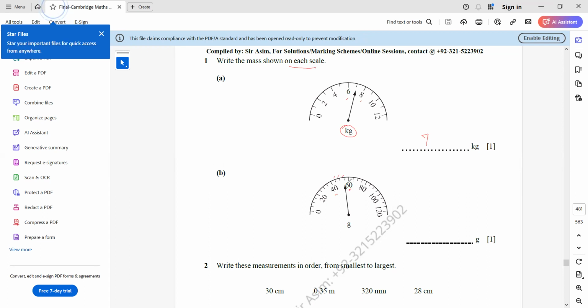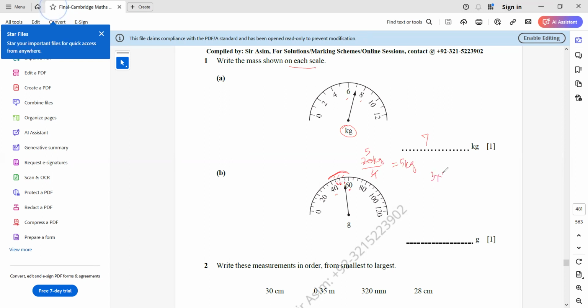The difference is 20 kgs. 20 kgs is being divided into 4 equal parts. So we divide this 20 kgs into 4 equal parts. That yields one part would be of 5 kgs.